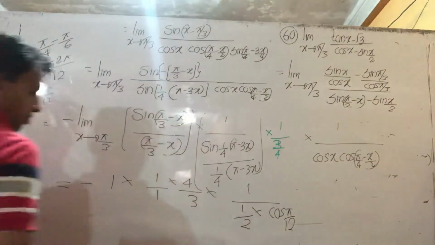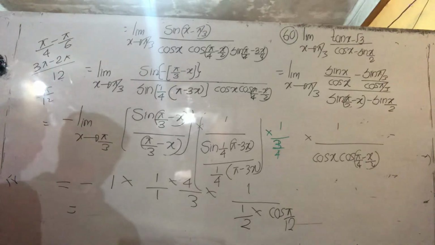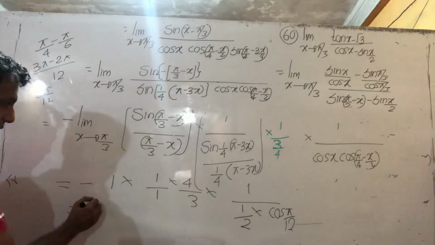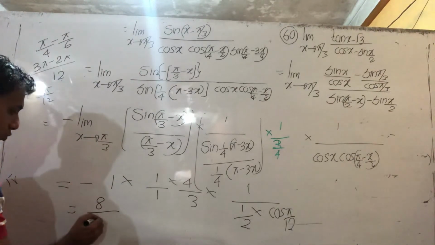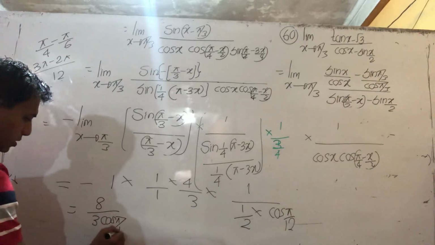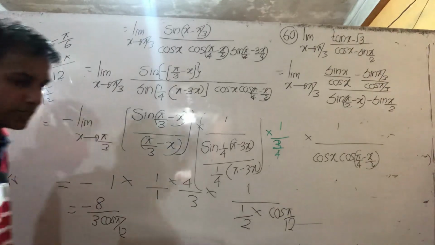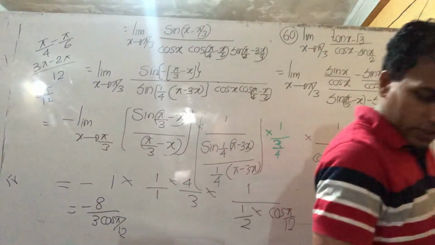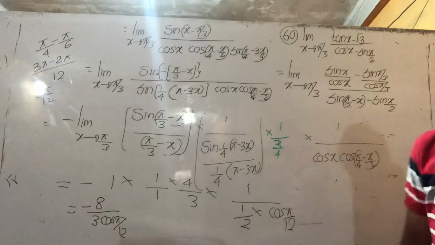Now further simplify the answer. There's a minus value, so that 2 goes up: 8 over 3 cos pi by 12. Check the value, is it a minus answer?